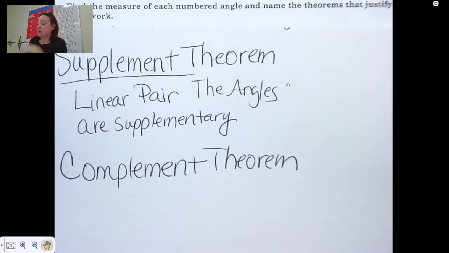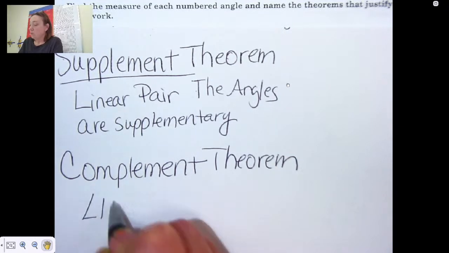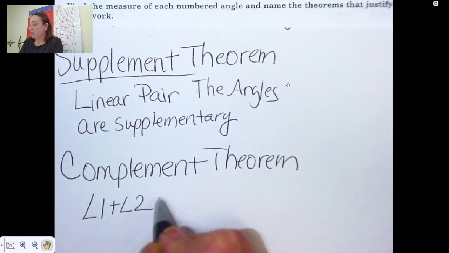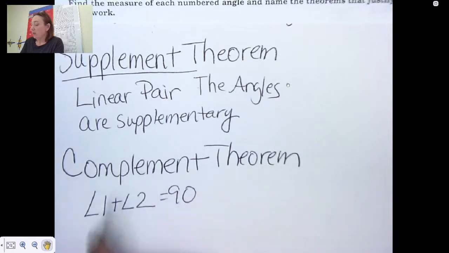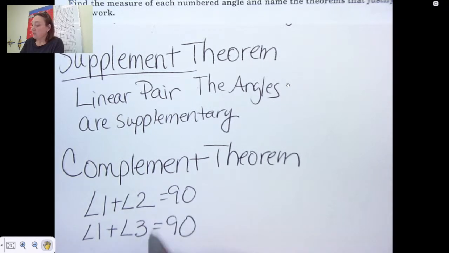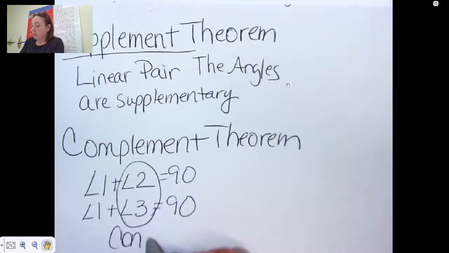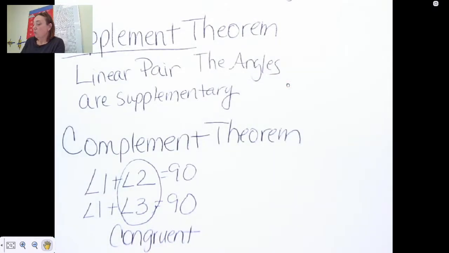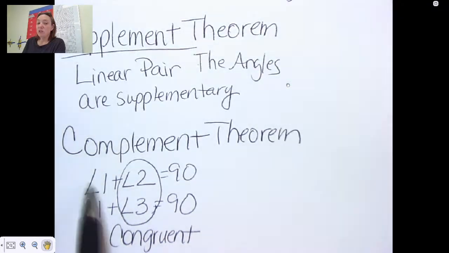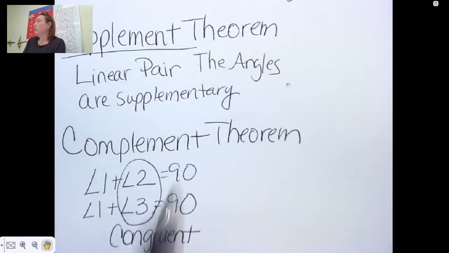It also says if you have two angles that add up to 90 degrees, and then you have one of those angles and another angle that adds up to 90 degrees, that these two angles right here are congruent. Now that just makes logical sense though, doesn't it? Because if these two are the same angle, then these two would also have to be the same angle if they're adding up to the same thing, right?